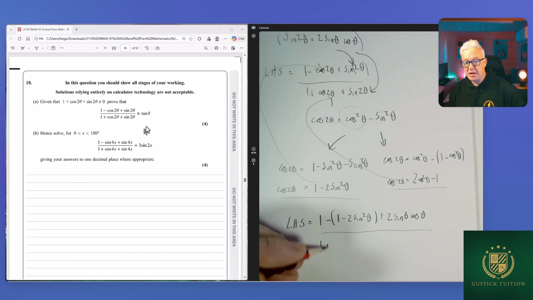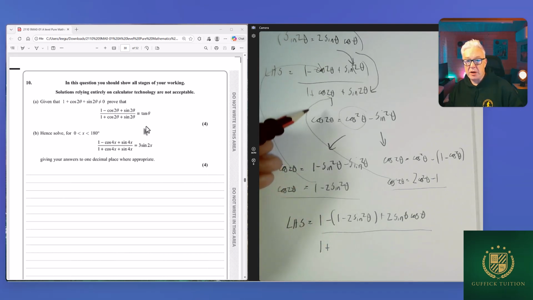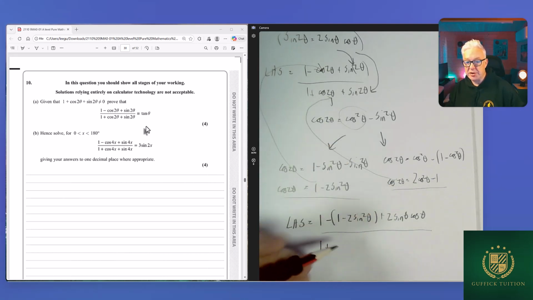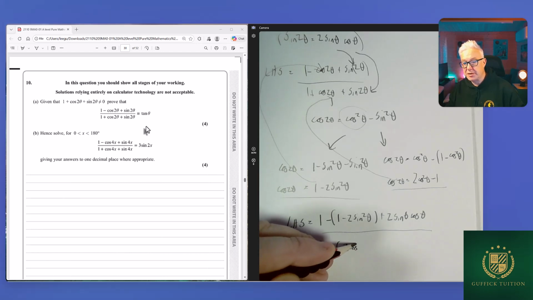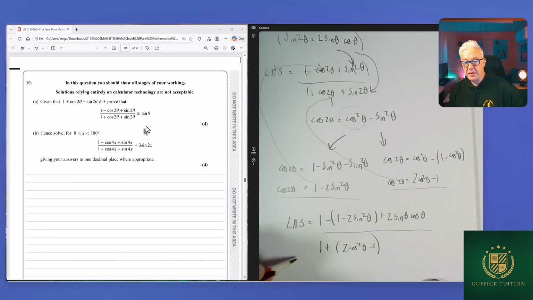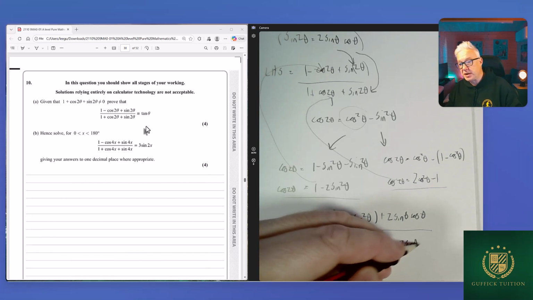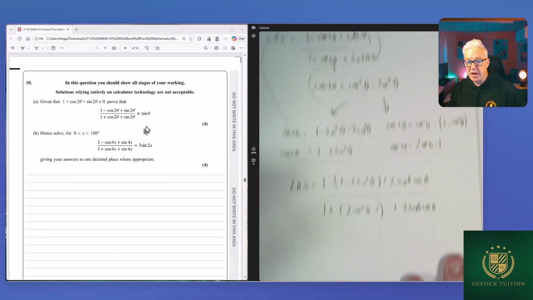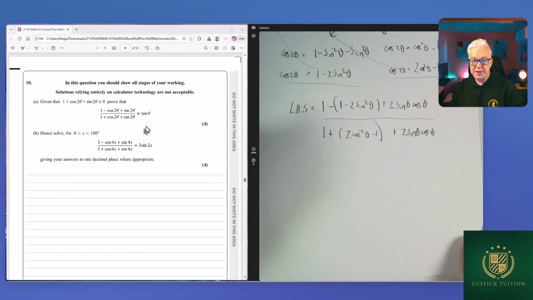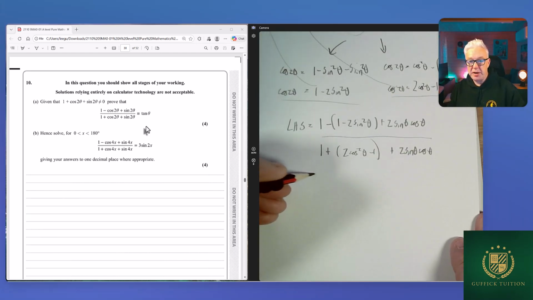Our denominator is 1 plus, and I'm advising this version here, open brackets, 2 cos squared theta minus 1, plus 2 lots of sine theta cos theta. Now we can just remove our brackets and see what this turns into when we simplify.